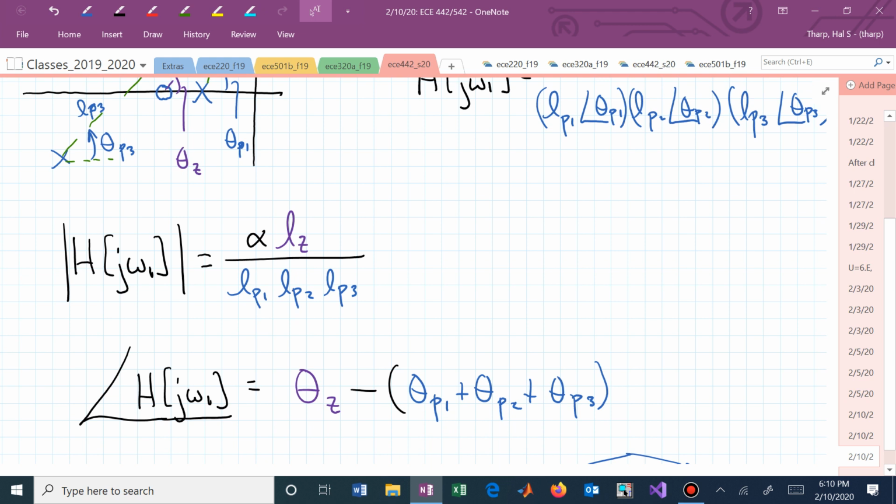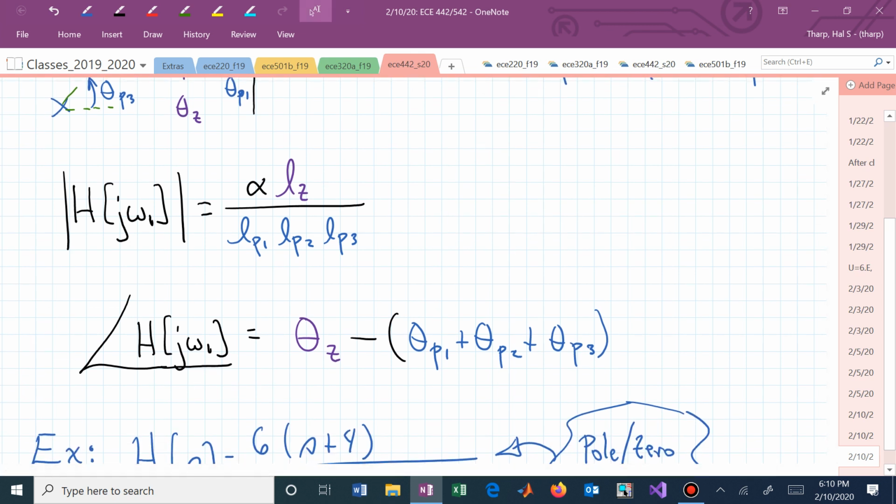And the angle, the phase, you could measure with a protractor. How many know what a protractor is? There we go. Thank you. So I'm not going to explain that. And what do you have? You have your zero angles, theta sub z, and you take away the pole angles, because the poles are downstairs.